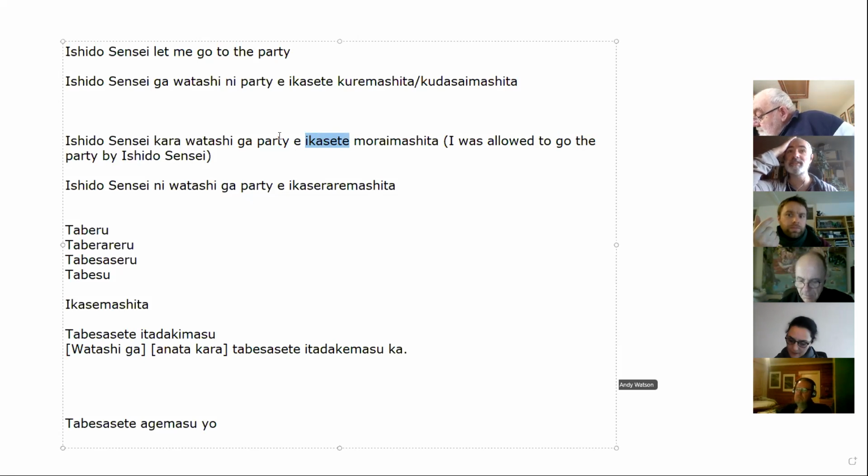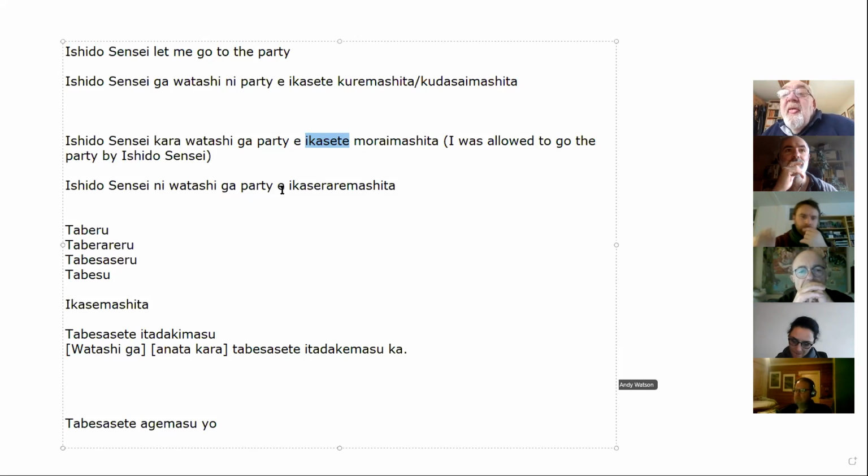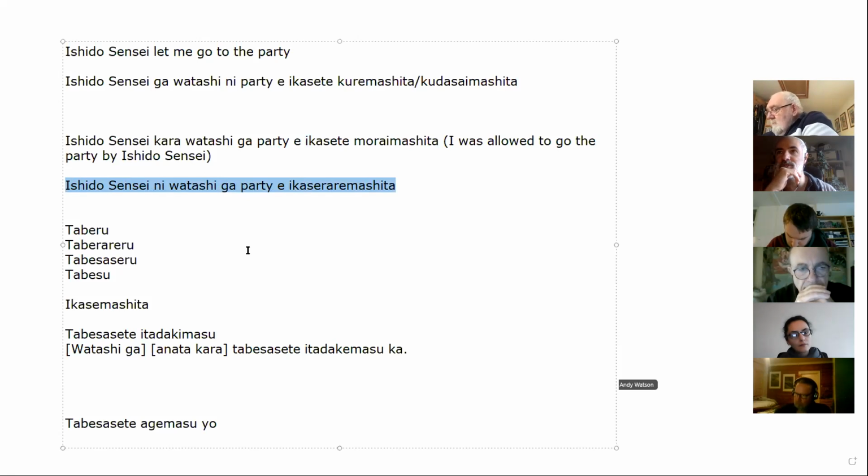Yes, because this is just the direct causative verb, isn't it? So actually, sorry guys, it's this version which is usual: Ishido Sensei ni watashi ga party e ikaseraremashita. This is what you would usually say if you are being given permission to do something.